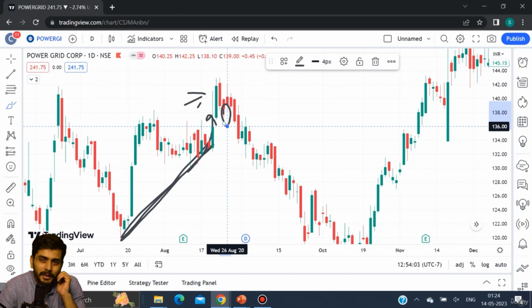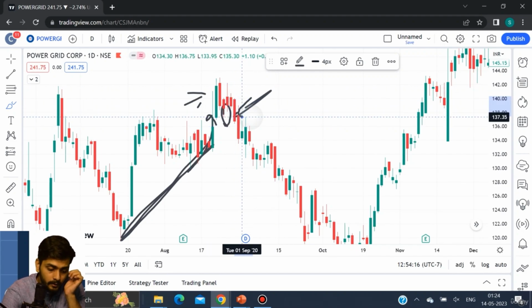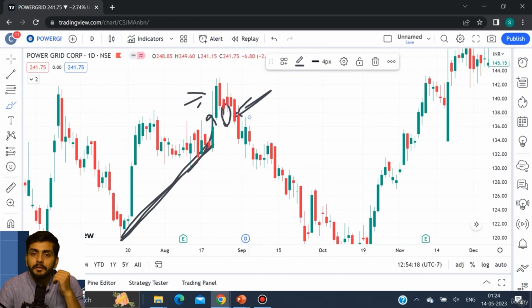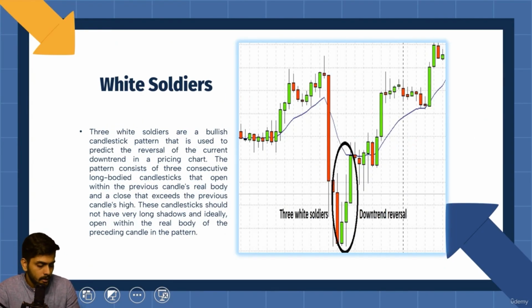This is a breakage of an evening star. Correct? Dark cloud cover is the midway through an evening star. So if you get the last candle, you will take the trade. If you do not get the last candle and you get the final breakout after a consolidation, then definitely take the trade. Okay, done.